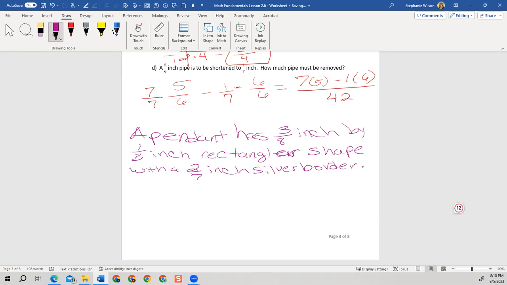So the question is, what are the dimensions of this pendant, including the silver border?